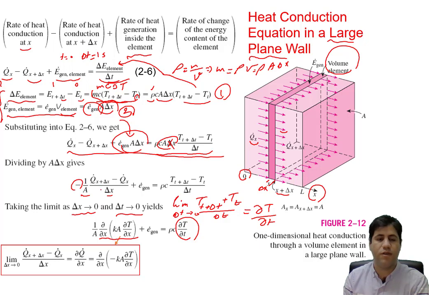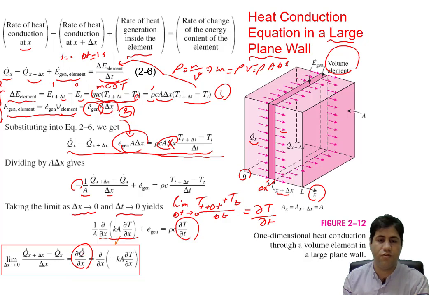And how about this side? It will be like this: the limit of Q̇ at x plus Δx minus Q̇ at x, divided by Δx, when Δx approaches 0. This one also becomes the partial of Q̇ with respect to x.